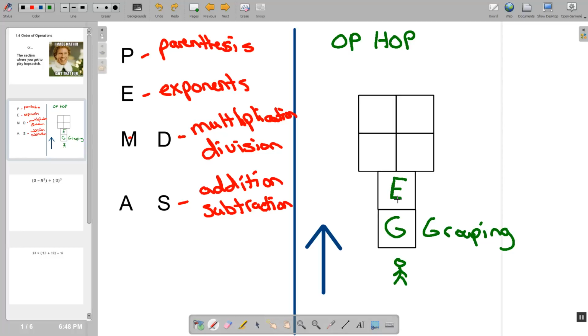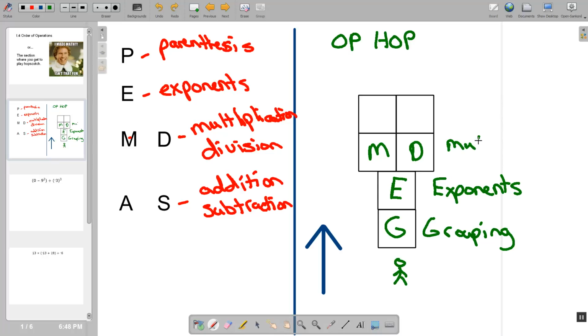You jump into the next one, which is E for exponents. This is exactly the same as PEMDAS. Exponents always come after grouping symbols. Then you jump on 2 feet together, left to right, for multiplication and division. You always want to do the left side multiplication before the right side multiplication.